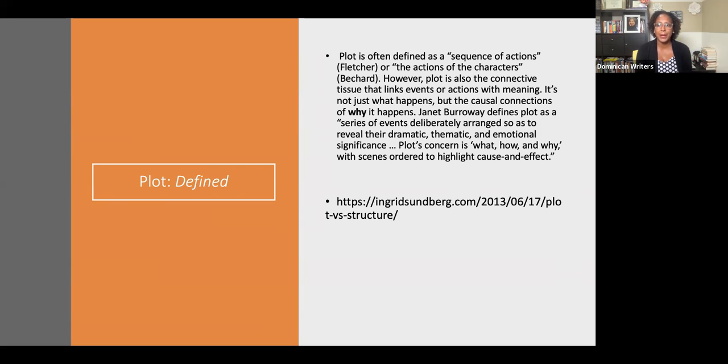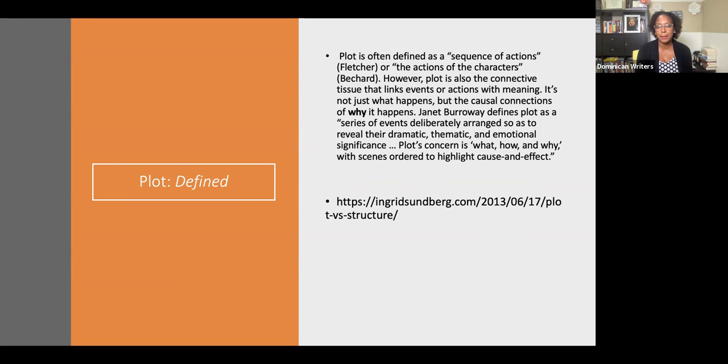So for plot, the way I like to think about it is that what happens in the story is plot. And there's a lot of fancy definitions. I found some really good websites, and I have them all here, and my intention is to send you all the links at the end of the last class, so that you can visit some of these websites and read.